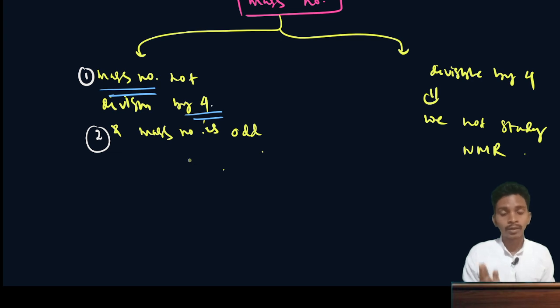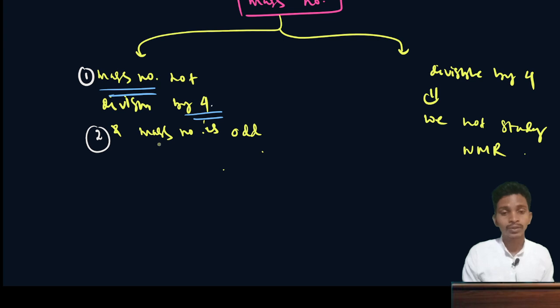So for characterizing any molecule by NMR, the mass number of the atom has to be not divisible by 4, and it has to be an odd number. Only in that case we will get good NMR signals and good NMR data. These are the two conditions we saw in the previous class.